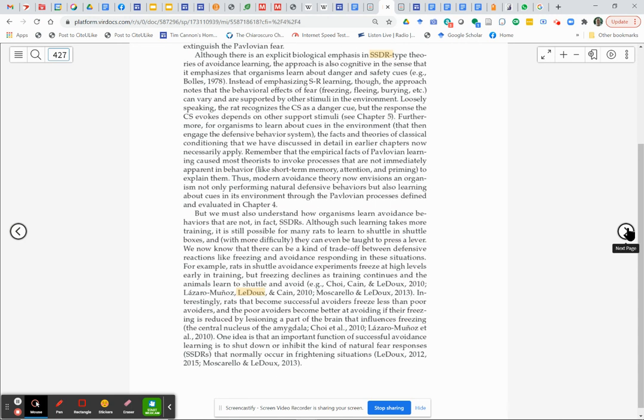And LeDoux, who I think we've seen before, is a huge researcher in the field of fear, does a lot of important neuroanatomy. I saw a talk he gave at the Society for Neuroscience meeting, and I never thought about the amygdala the same way.